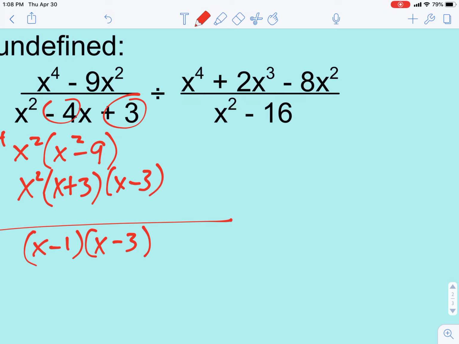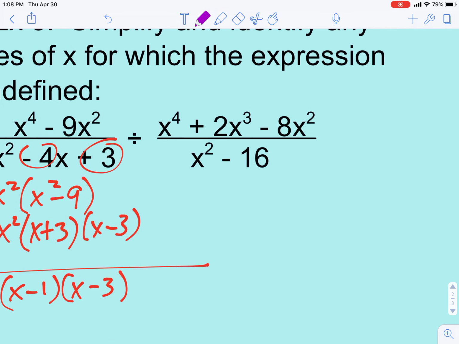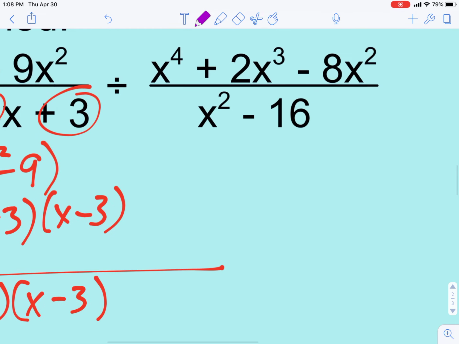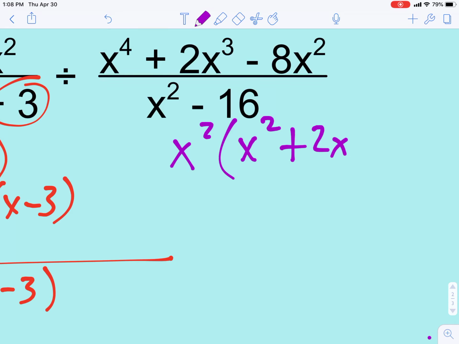you can think of this again as multiplying by the reciprocal right now, or just factor it, either or. I am going to write these in different ones. I am going to factor out, each of them have an x squared on the top, and then we're left with x. Here, I'll write it smaller because I have a feeling we're going to have to keep on going. Then we have x squared plus 2x minus 8.